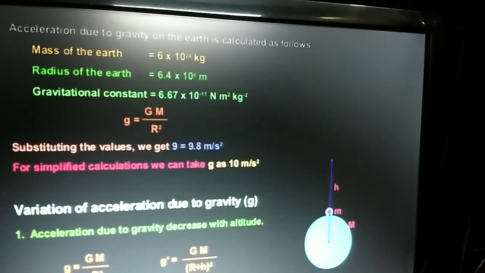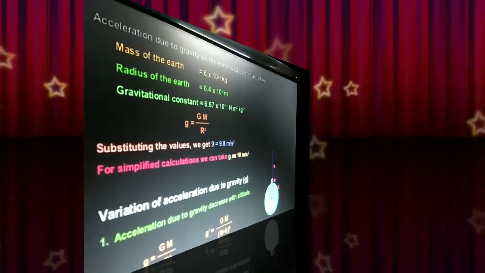According to the equation g is equal to G M by r square, substituting the values, 6.67 into 10 to the power of minus 11 into 6 into 10 to the power of 24 kg by 6.4 into 10 to the power of 6 whole square, and simplifying we get g equal to 9.8 meters per second square. For simplified calculation, we can take g as 10 meters per second square.